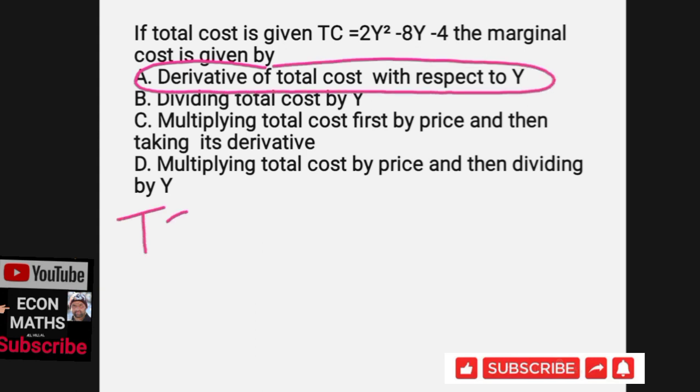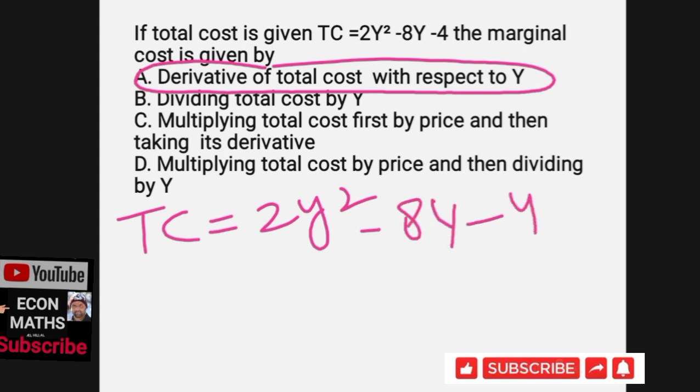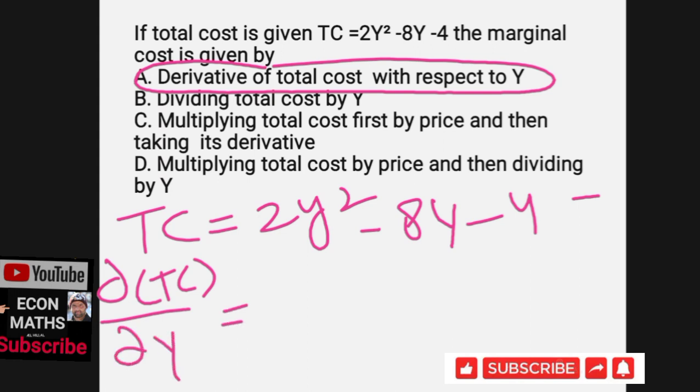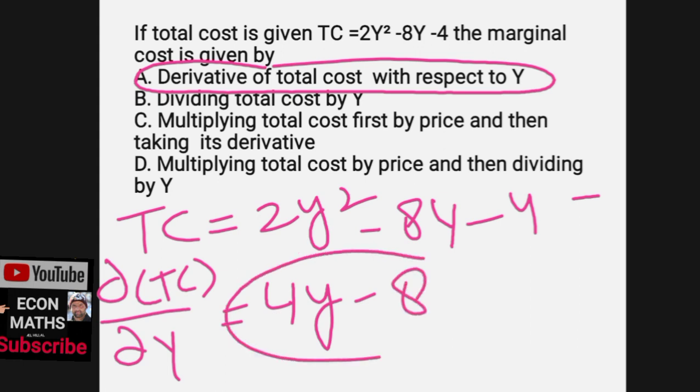That is, if TC is equal to 2y square minus 8y minus 4, we take the derivative, dTC by dy. So this becomes 4y minus 8, which is the marginal cost. So we take the derivative of the total cost function with respect to y.